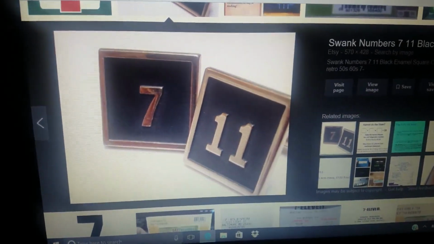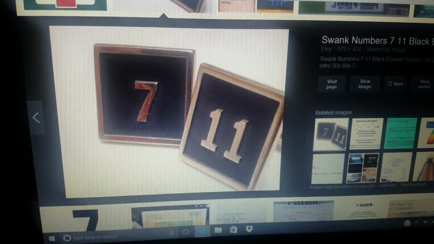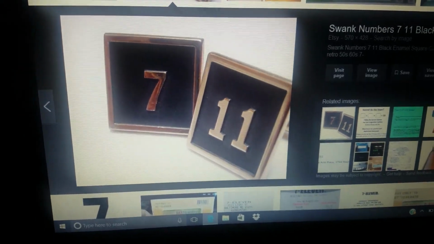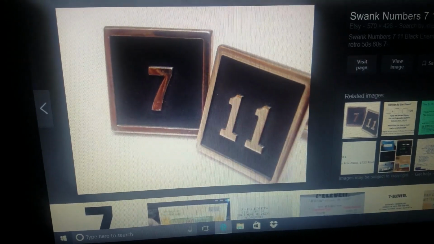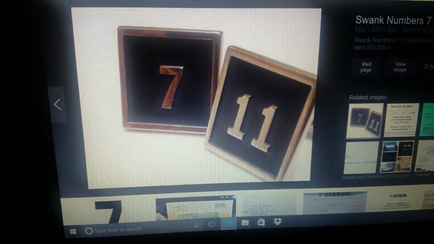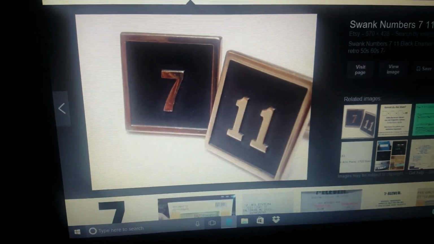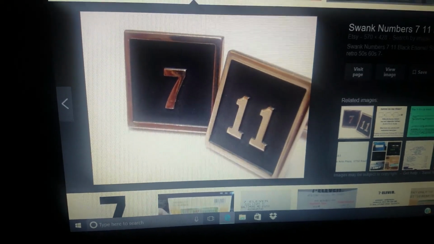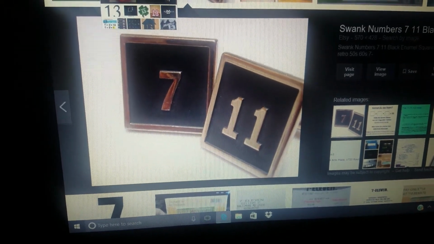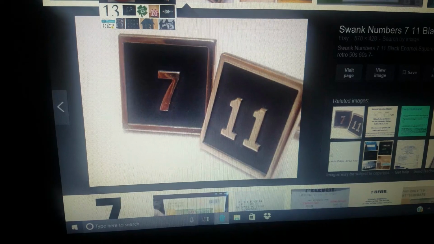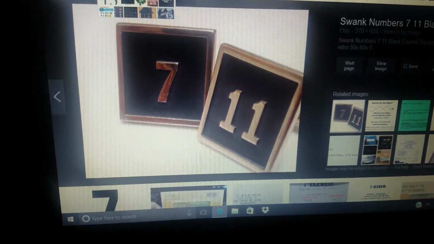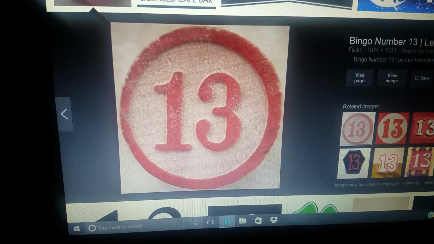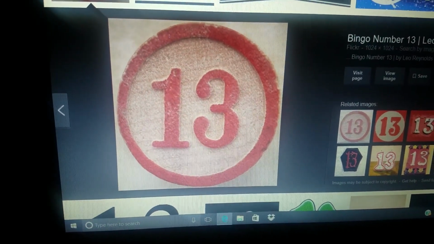One is 7-11. When you add 7-11 up, it's 18, which is 9. So 7-11 is technically a 9. The second number coded within O.J. Simpson's life and his case is 13, of course.